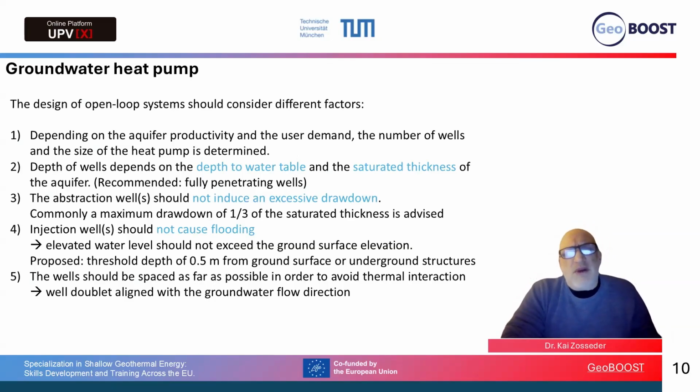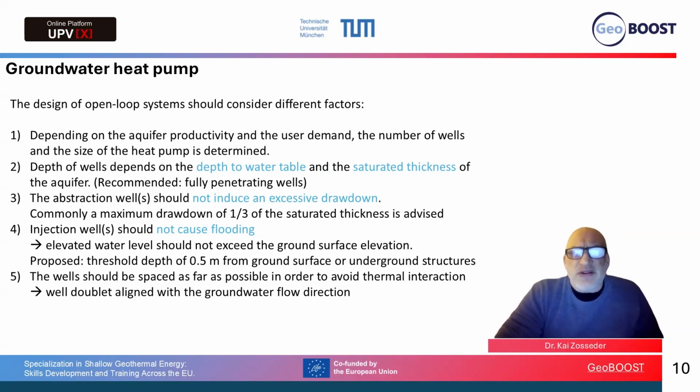So there are some constraints that we have to consider, as I said before. What are the main factors? The main factors are how productive our aquifer is, so what the hydraulic conductivity and the aquifer thickness are. Also very important is the depth to the water table. So we have to know how deep we have to drill, and also what the saturated thickness is. So how much groundwater do we have?